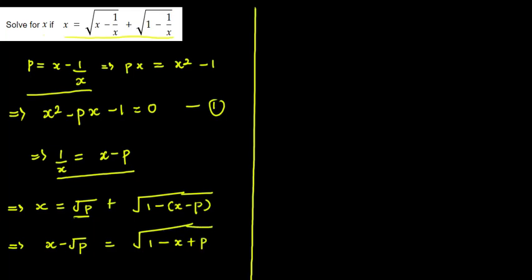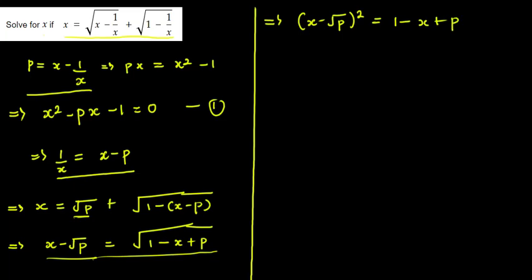Notice that I expanded the minus between the brackets. So I can square both sides of this and I'll have x minus root p squared is equal to, if I square this other side of the equation, 1 minus x plus p, because the square will cancel out the root sign.